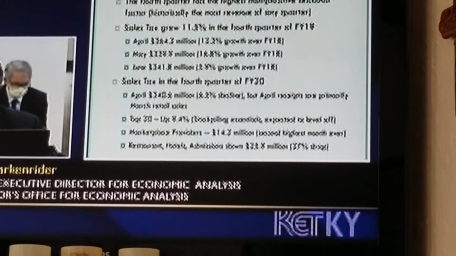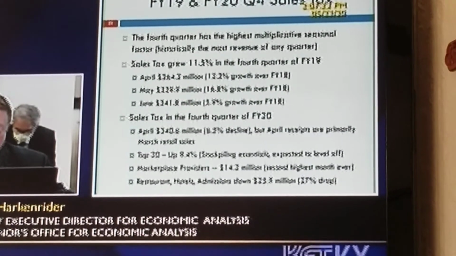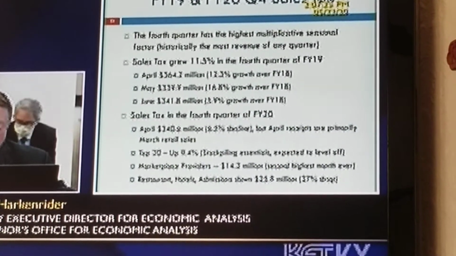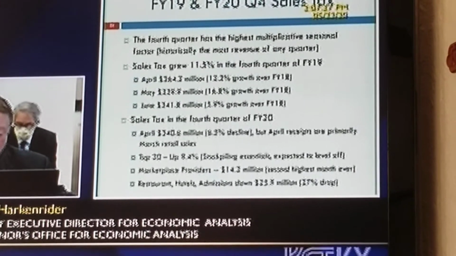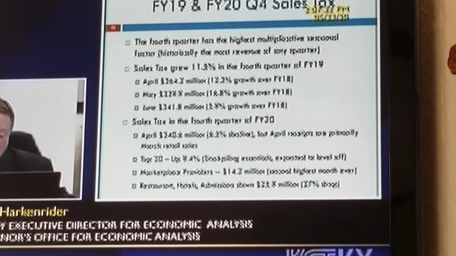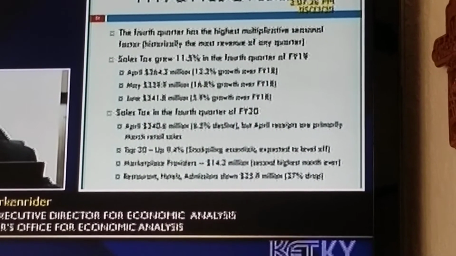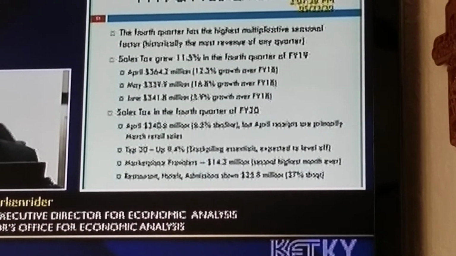So what do we know about the fourth quarter? Well, not much. We know that April was $340.6 million, which is pretty good considering that we had 12.3% growth last year. I was very happy with that. I was happy until I started thinking about it. April receipts are primarily March retail sales.